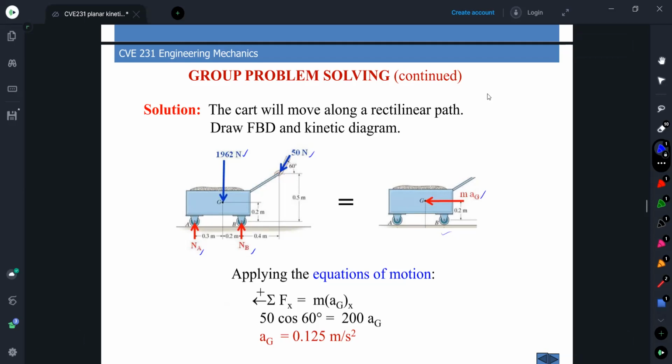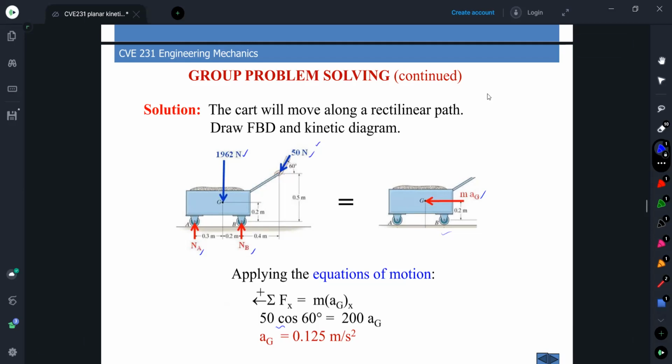Then we apply the equation of motion, starting with the x direction. We decompose the 50 Newton force into the x direction: 50 cosine 60 degrees equals m a_Gx.